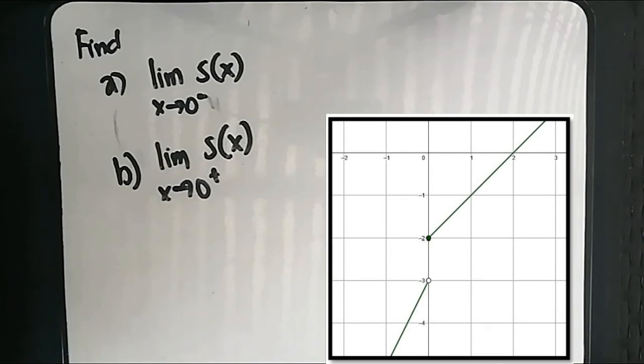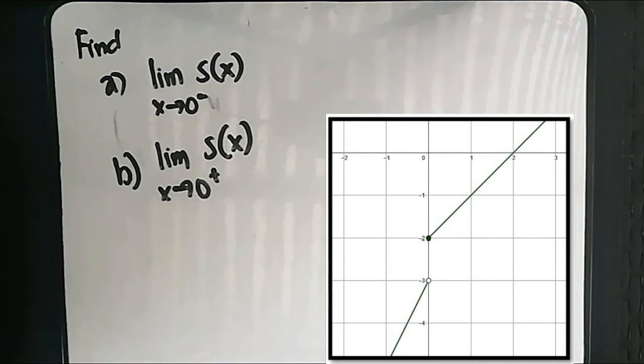Let's consider this example. Let's say this is the graph of s of x. Then we want to find the limit of s of x as x approaches 0 from the left and the limit of s of x as x approaches 0 from the right. So from the graph, tignan muna natin yung a.